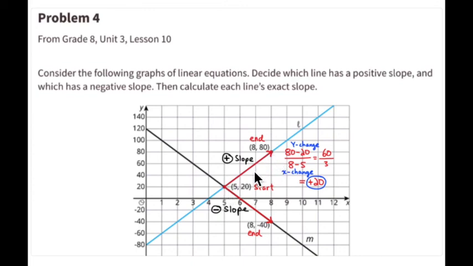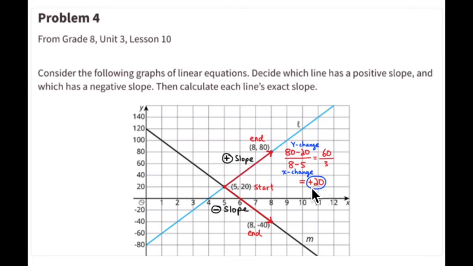So this is 8 minus this 20. So that's how much the y length changed. And this is 8 minus this 5. That's how much the length along the x-axis changed. So that gives you an answer of 60 divided by 3, or a positive 20 units.